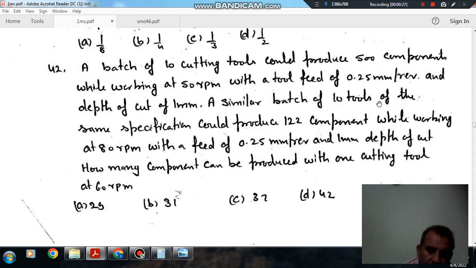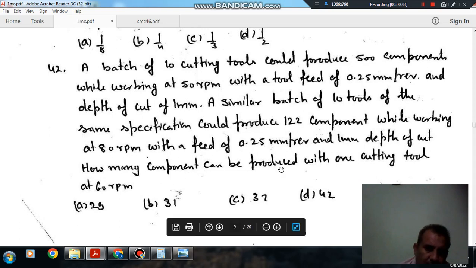A similar batch of 10 tools of the same specification could produce 122 components while working at 80 rpm with a feed of 0.25 mm per revolution and 1 mm depth of cut. How many components can be produced with one cutting tool at 60 rpm? Option A 29, option B 31, option C 37, option D 42.